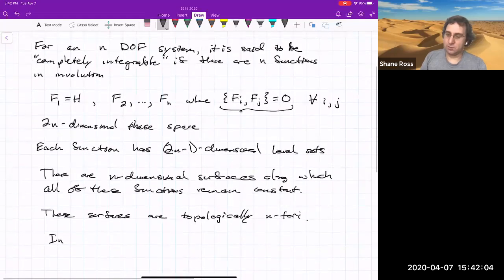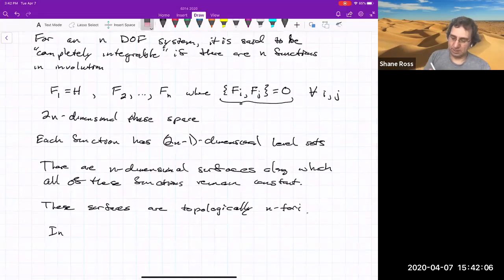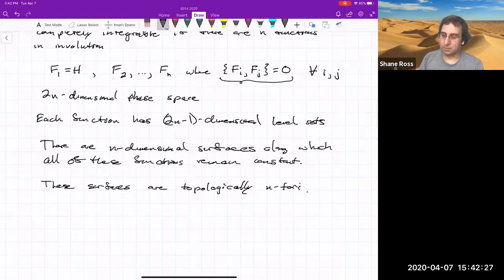So this result is kind of what gives rise to the action angle variable situation. It means that if numerically you see evidence that there are tori, then you could, at least in that region, describe the motion in terms of action angle variables. There may not be global action angle variables, but at least in that region, it would make sense.